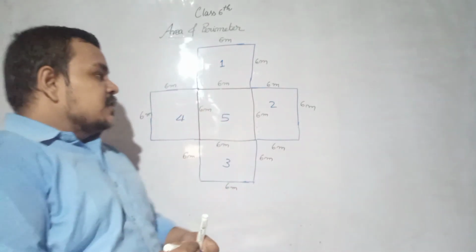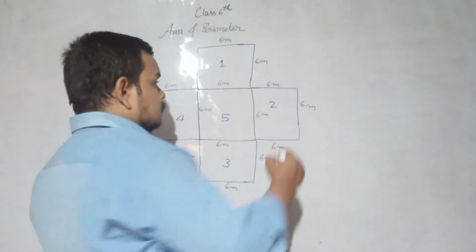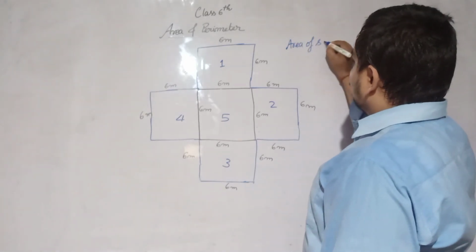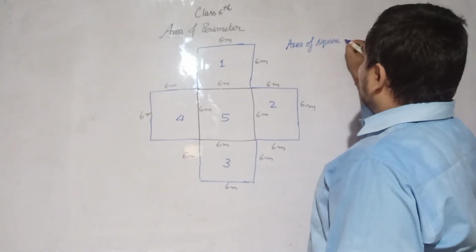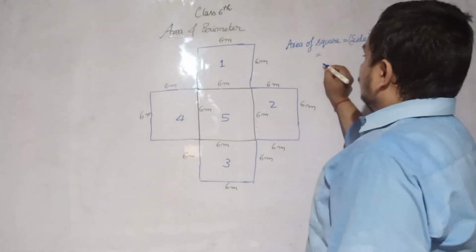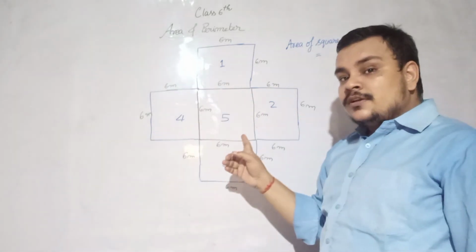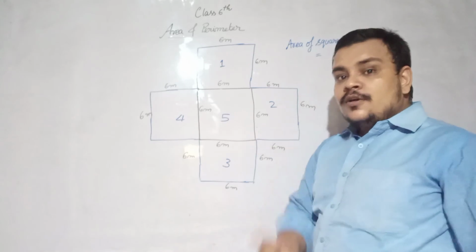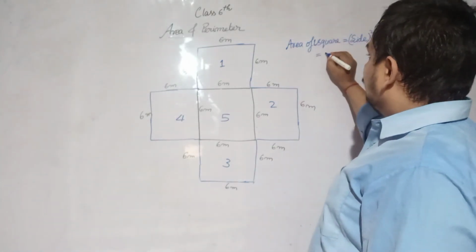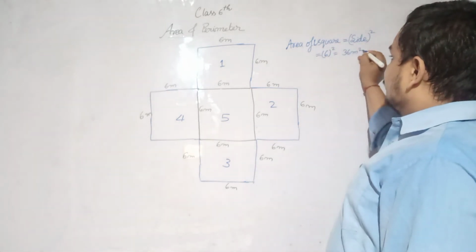Six squares are here, and as you know the formula for the area of a square is equal to side into side, either side square. So firstly we have to find the area of one square. Area of one square is equal to 6 square. It became 36 meter square.